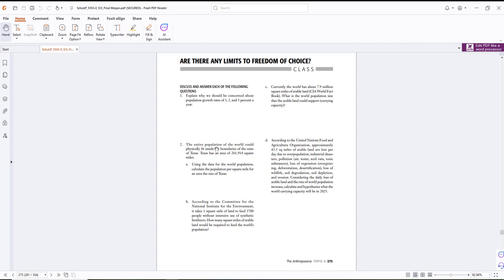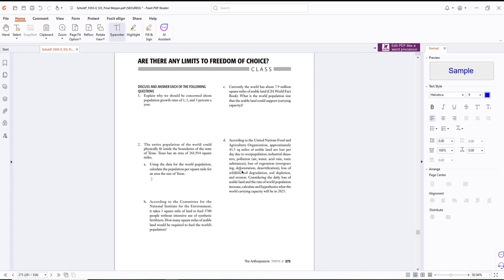So, the entire population of the world could physically fit inside the boundaries of the state of Texas. Texas has an area of 261,914 square miles. So use the data from the world population to calculate the population per square mile. Think about the population of the world.